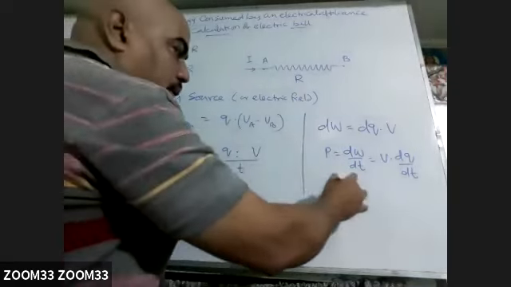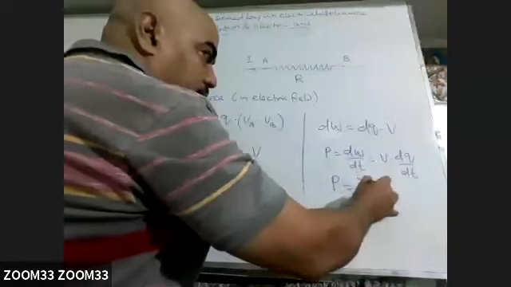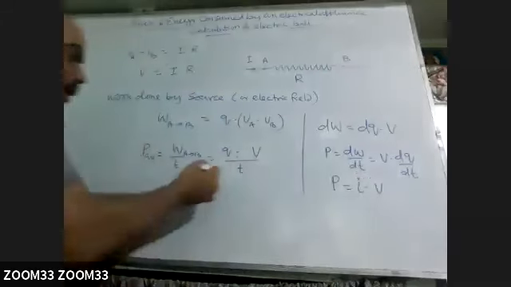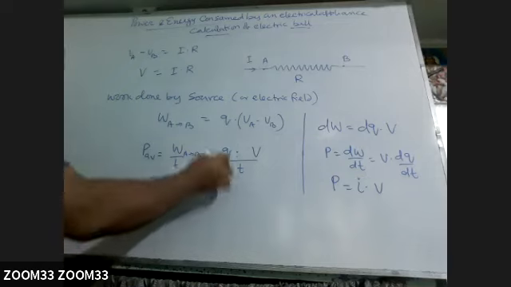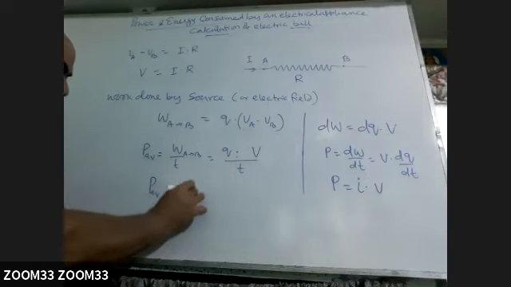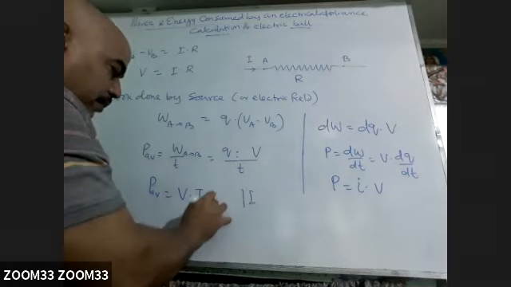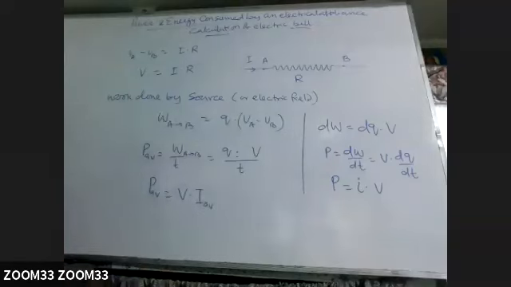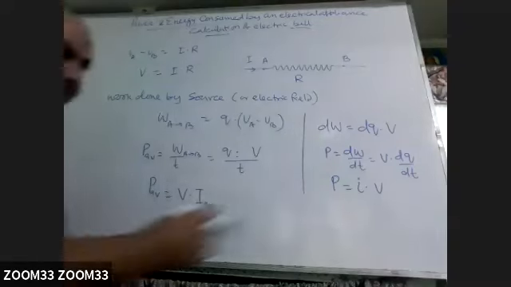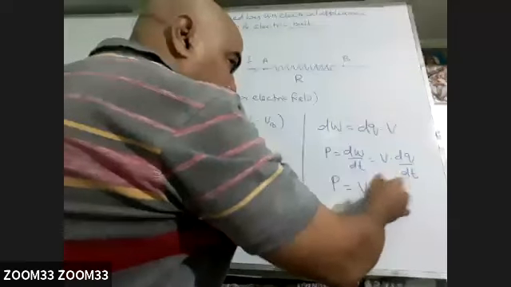So this instantaneous power will be, this dQ by dt is the instantaneous current, I into V. And if you are taking average power, this is the average current. So V into I, where I we call average current. So here it will be V into I, that is instantaneous current.